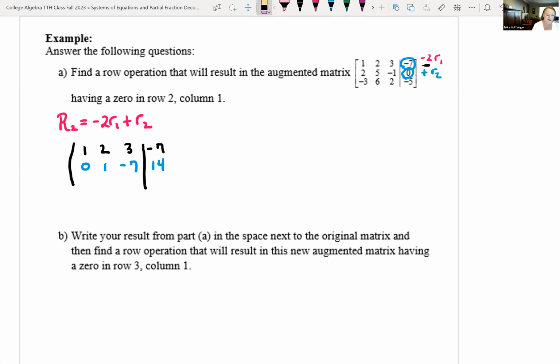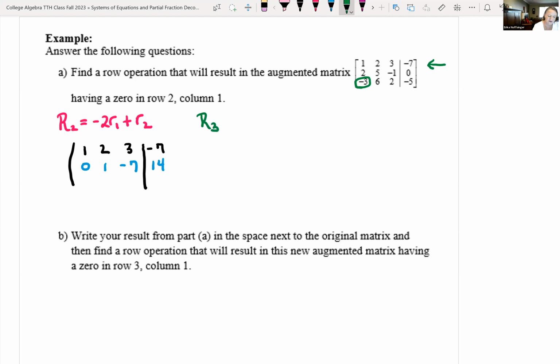So looking at row 3, column 1, which is -3, we want to make this a 0. So I'm going to use this first row to manipulate that. So I'm going to put my directions of what I'm doing. So I'm looking at changing my row 3.